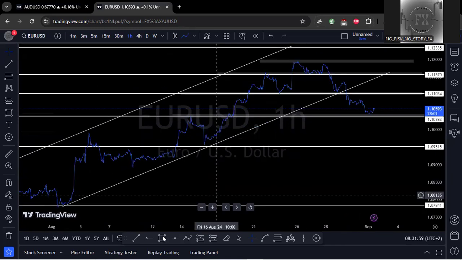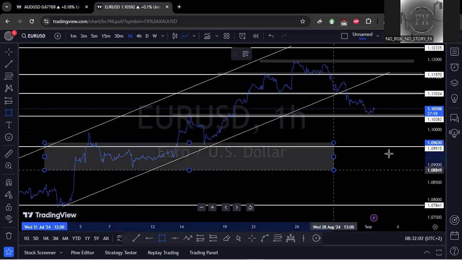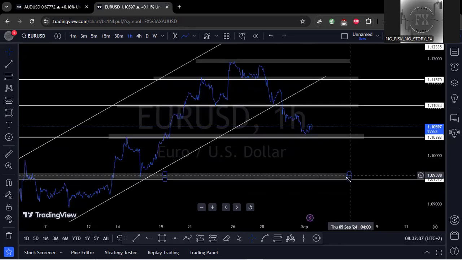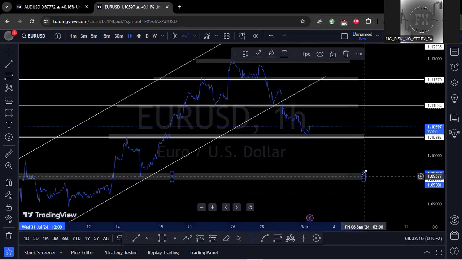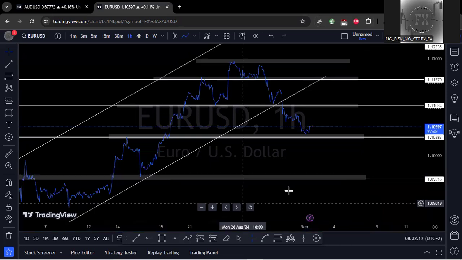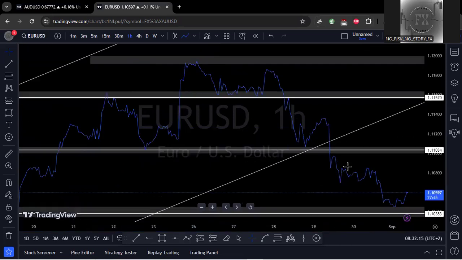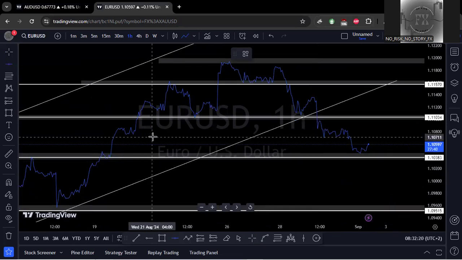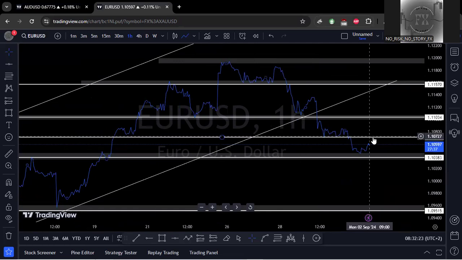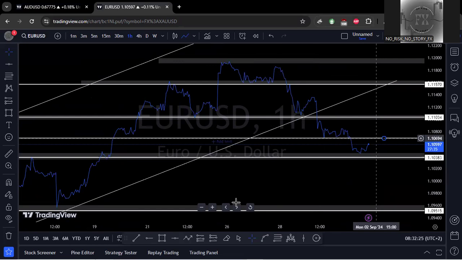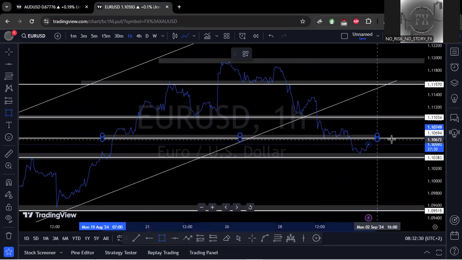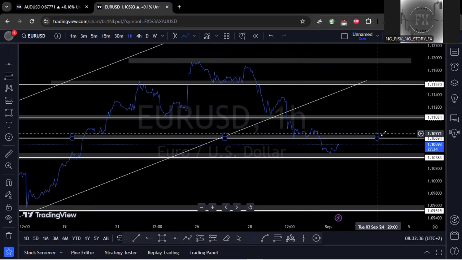And I would also like to highlight this zone here, the zone here, and let me place it like this. And this zone too is kind of sensitive.